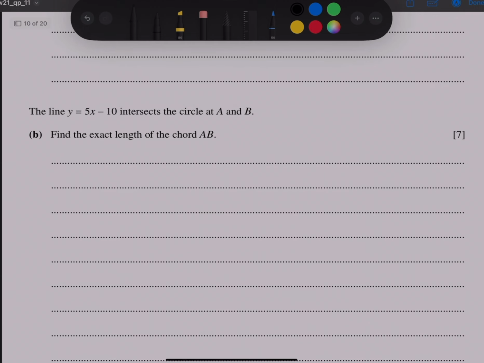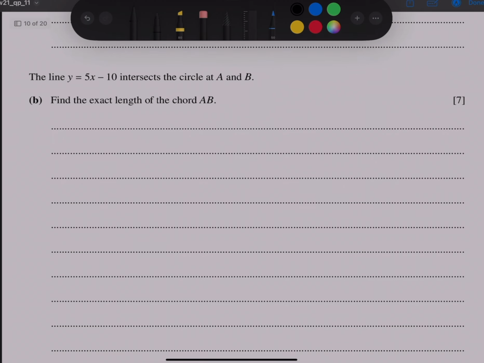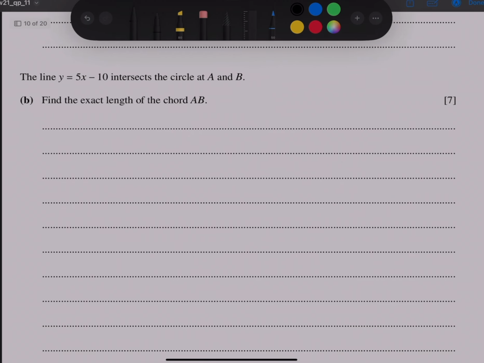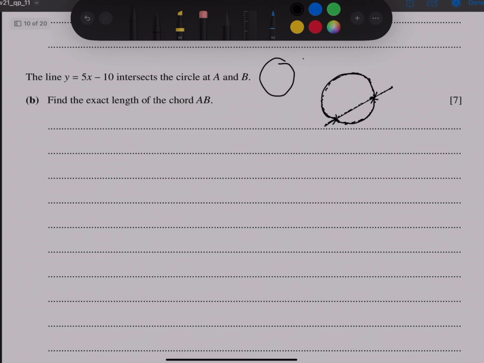The line 5x minus 10 intersects the circle at A and B. Find the exact length of the chord AB. Let's draw this. You can always draw, guys. It makes everything a lot easier. So we know this line and this circle have something in common. That's these two points. So how do we find the intersection of the circle equation and the line equation?